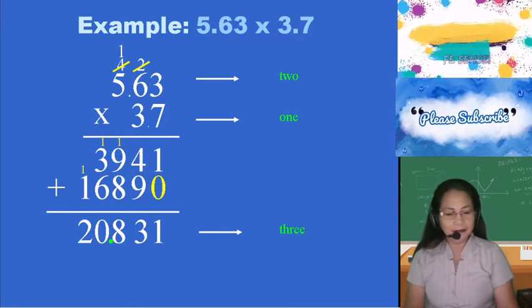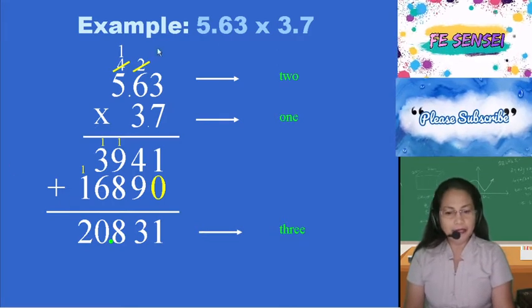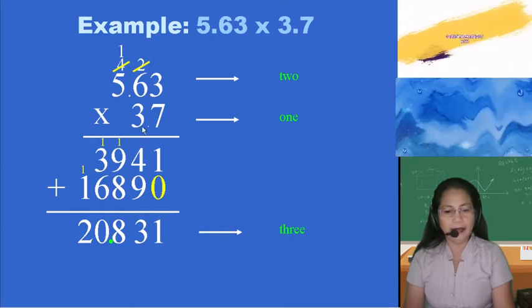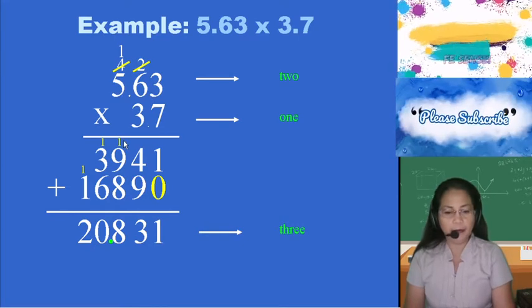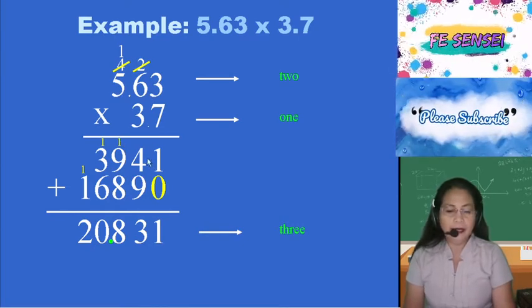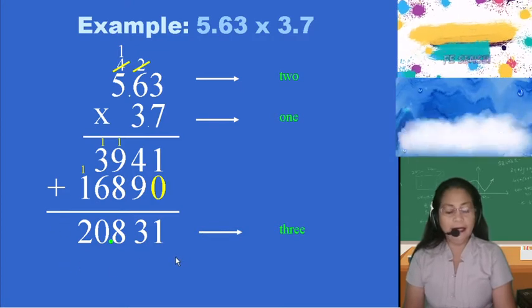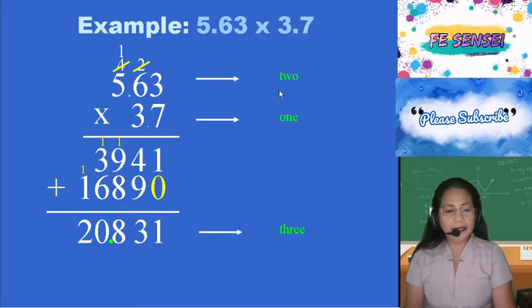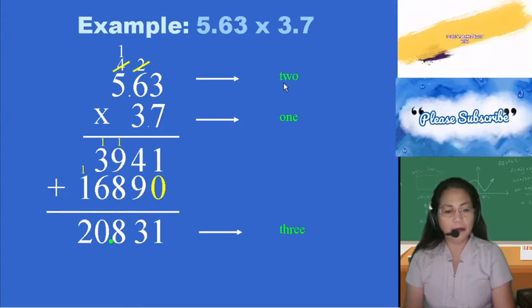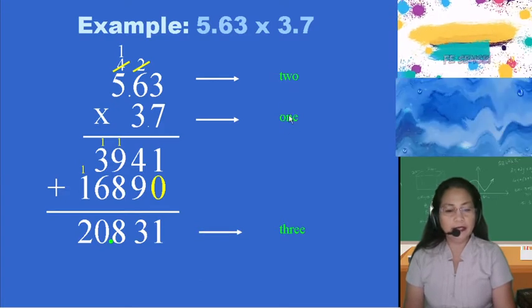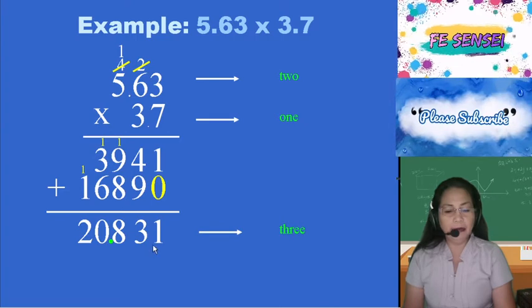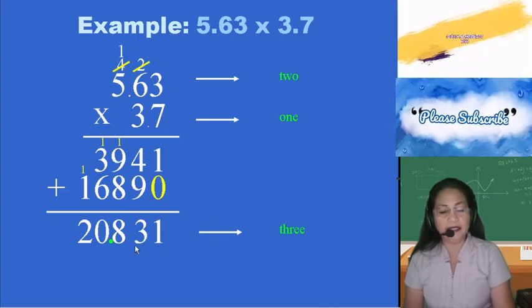Got it? Again, multiply the numbers like multiplying whole numbers. Then, on the total product, count the number of decimal places on both factors. Then the total will be the number of decimal places in the product.